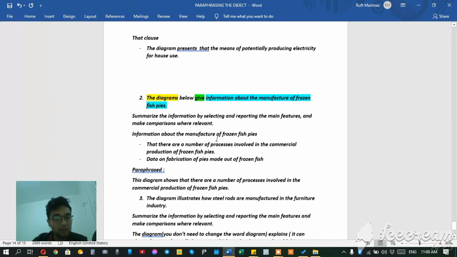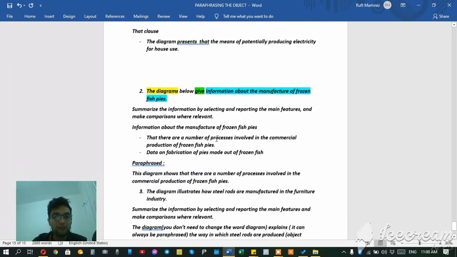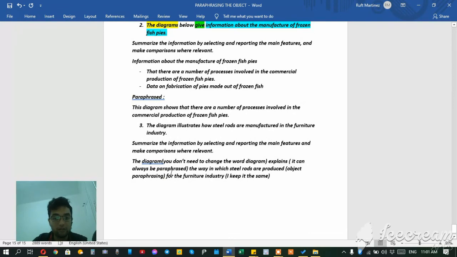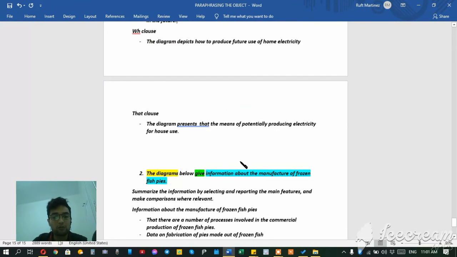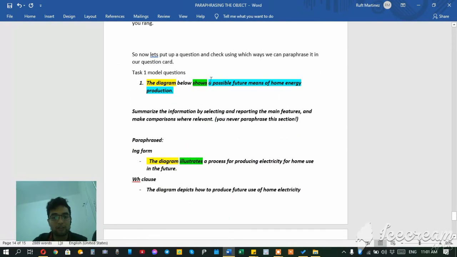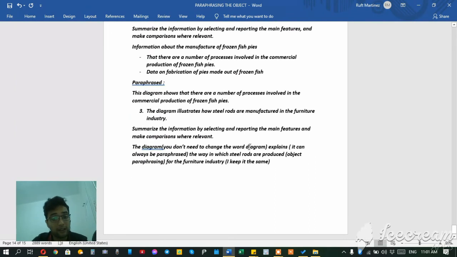And if the word is not in the question, you can say the way, the means, the use, with relative clauses. For example, here we have the means in the first, the means of energy. So you can say the way. If you don't have it, use the way, the means, the use. Object paraphrasing with the way.